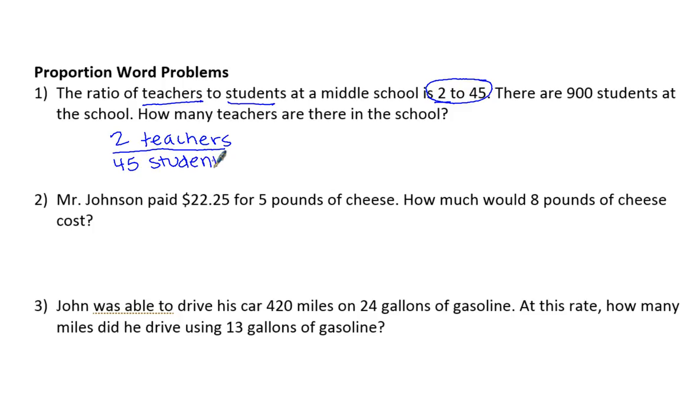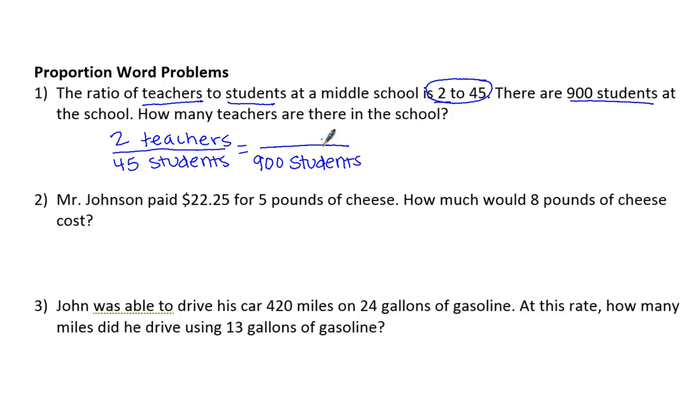And then we're going to set that equal to the other side of our proportion, and the other thing that they told us is that there's 900 students. So I'm going to go ahead and draw my fraction bar here, and I'm not going to put 900 students on top, because on top on our first one was our teachers. So I'm going to put 900 students on the bottom of this second ratio.